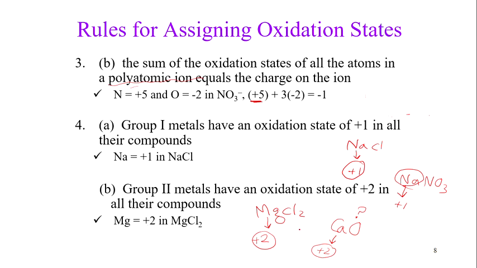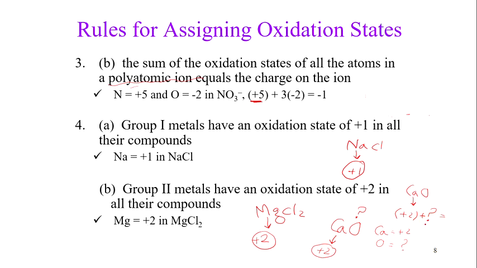Because you may say the oxidation number of calcium is 2 positive. So I'm going to write that. What is the oxidation number of oxygen? Let me solve that one. CaO. So you should say 2 positive plus the oxidation number of oxygen we are looking for.